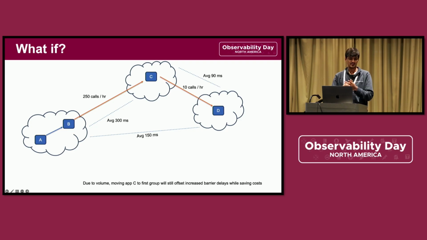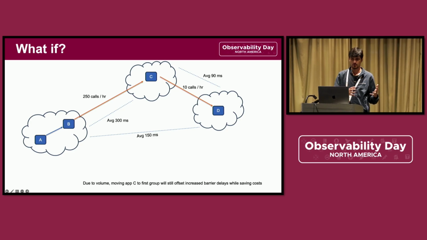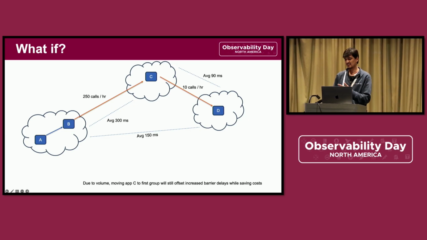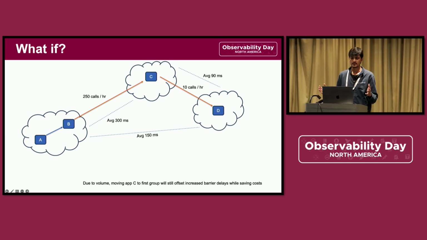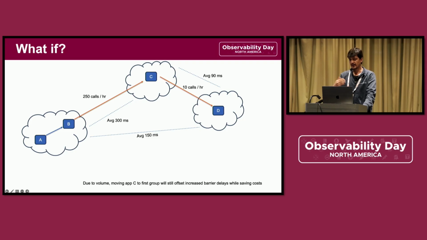So in this case, instead of replicating the application C in both of these other clusters as well, you can actually migrate this to just the first node group, and you can still save a lot of network latency in aggregate because you have a lot more volume of calls coming from that particular node group. This is despite the increased latency between node group 1 and 3, which is 150 milliseconds on average, but the volume offsets that.